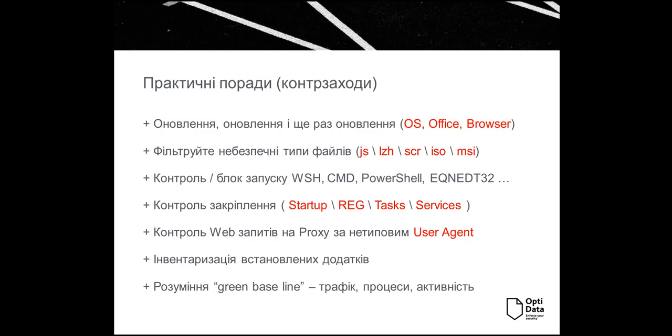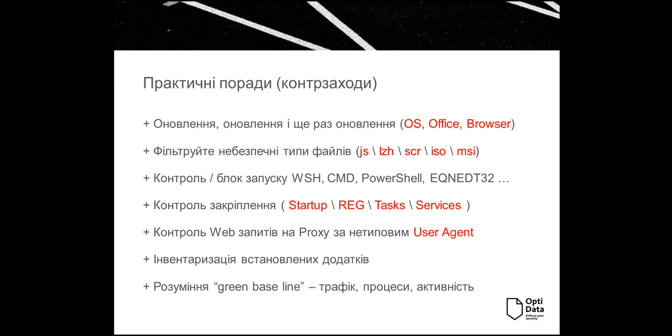Second one is downloading of malicious code by proxy or by browser. And third one is removable media. In terms of content inspection, try to avoid the possibility for your users to download potentially malicious files like scripts, untypical archive formats like LZH and others, ISO, MSI, and etc.